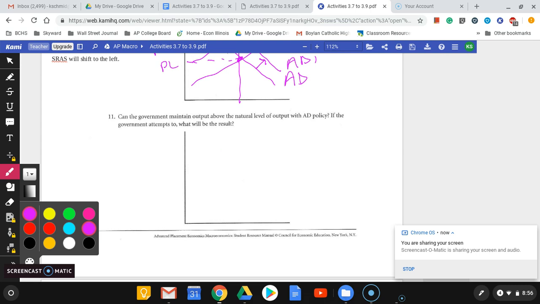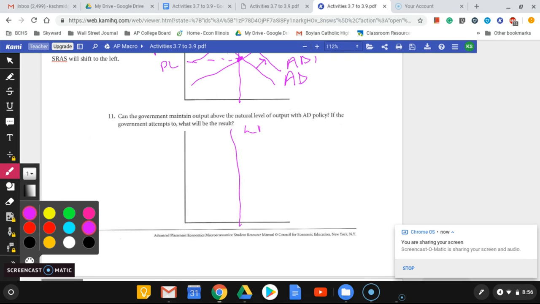Let's look at the last one. So once again, long run aggregate supply. Aggregate demand is downsloping. Short run aggregate supply is upward sloping. So the question is, can the government maintain output above the natural rate of output with aggregate demand policy? So here's the natural rate of output. What's going to happen?